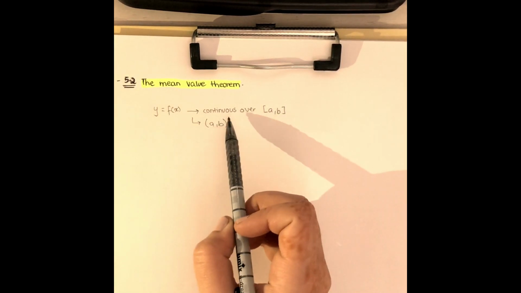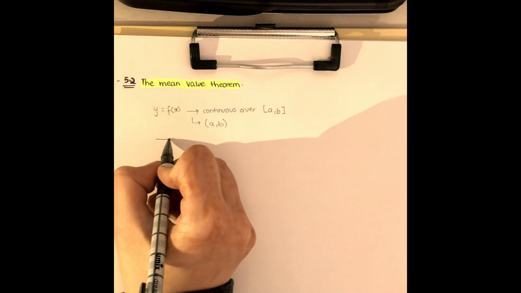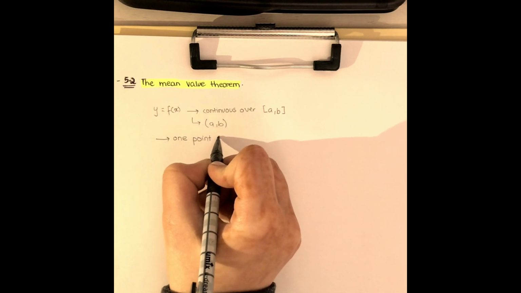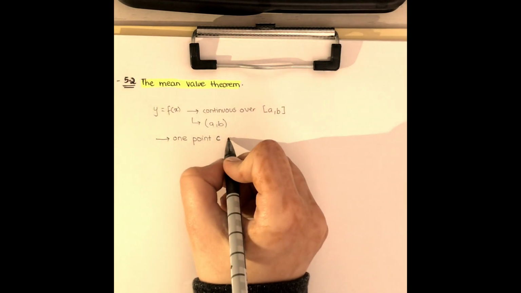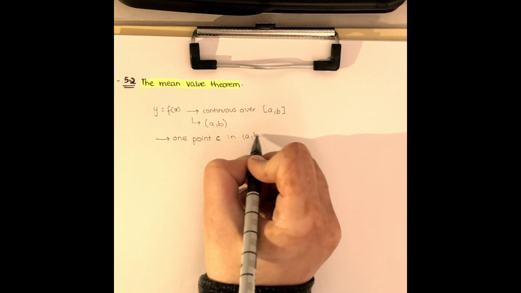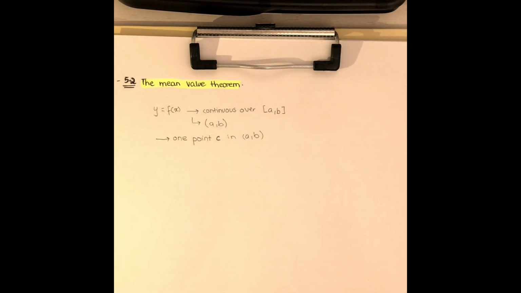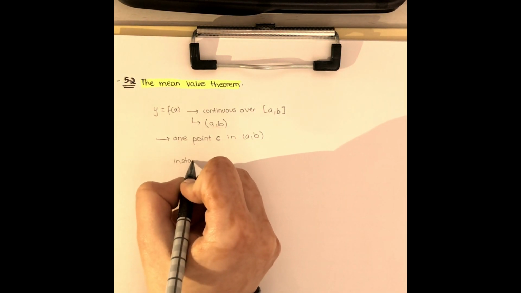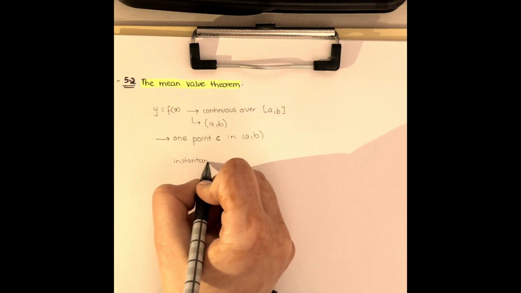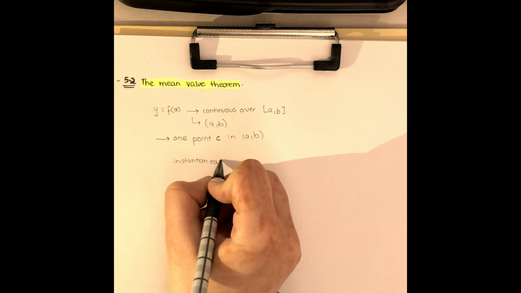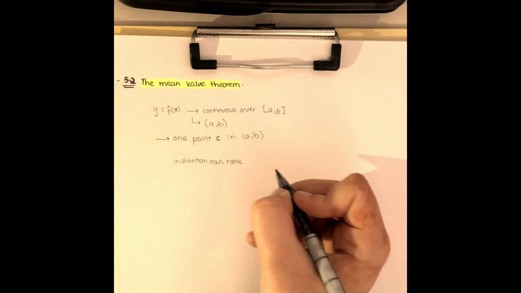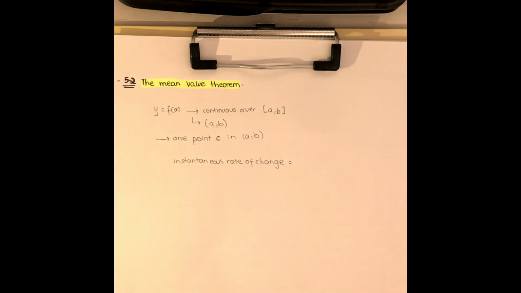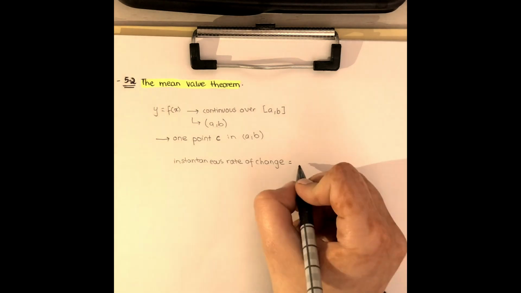That is, in the interval of a and b, there will be one point, which is c, in the interval of a and b, at which the instantaneous rate of change is equal to the mean rate of change.